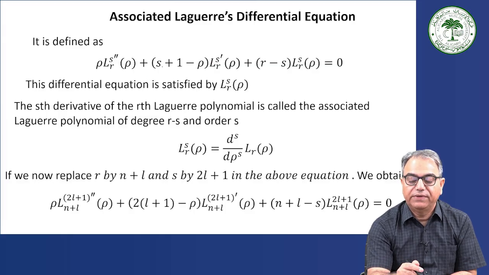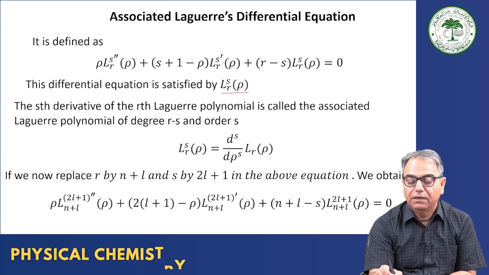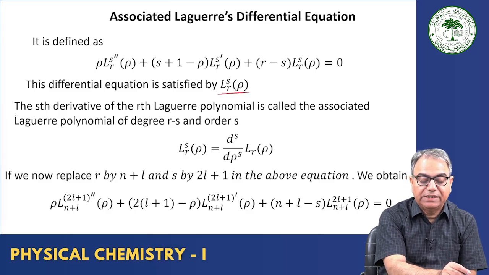So, a standard form of the associated Laguerre equation, if I write (S + 1 − ρ) is equal to this one and then R minus S, then we say that the differential equation is satisfied by L_R^S(ρ), which we say is the sth derivative of the rth Laguerre polynomial.